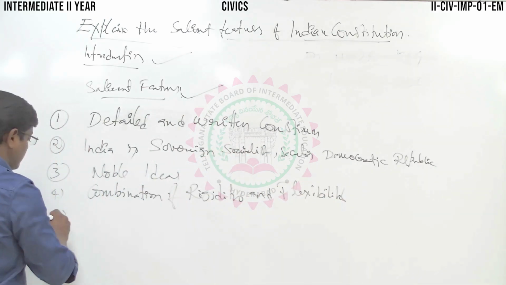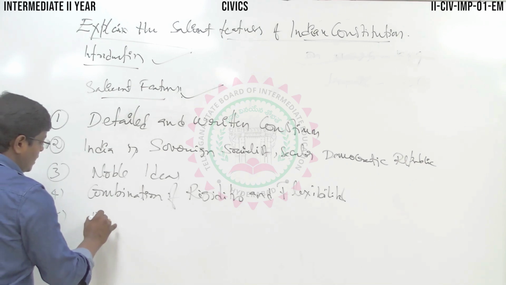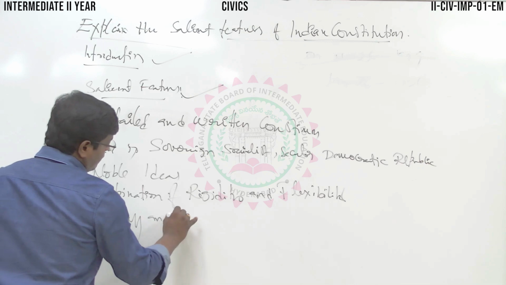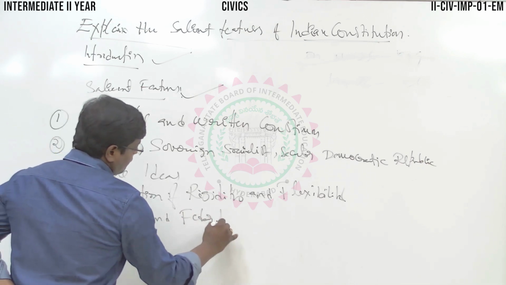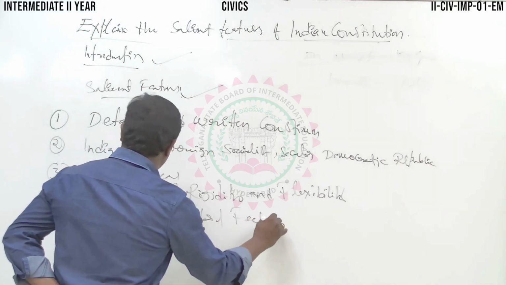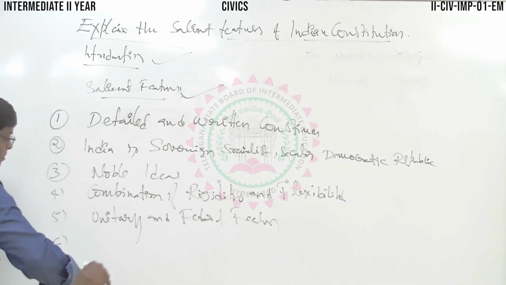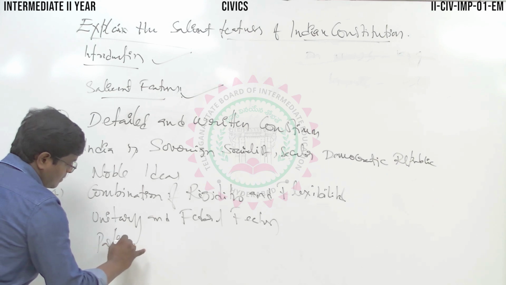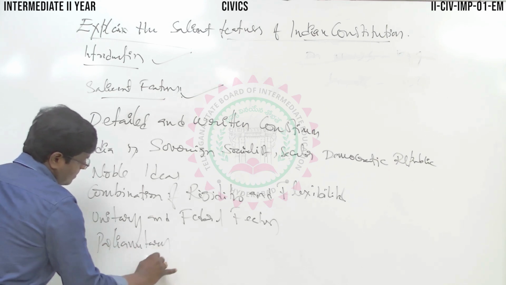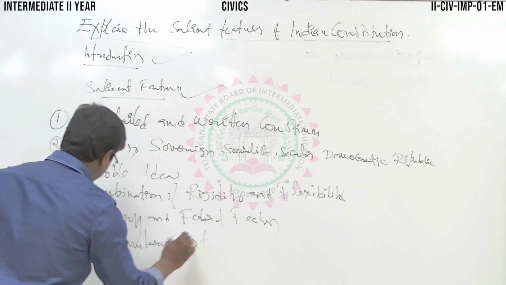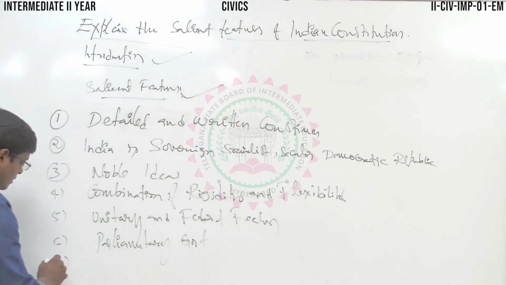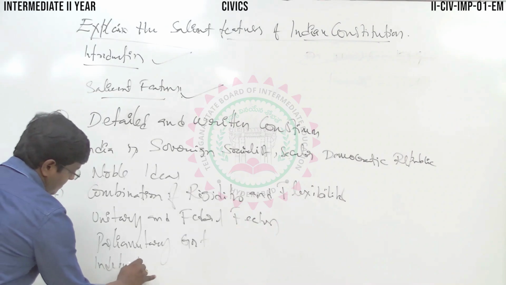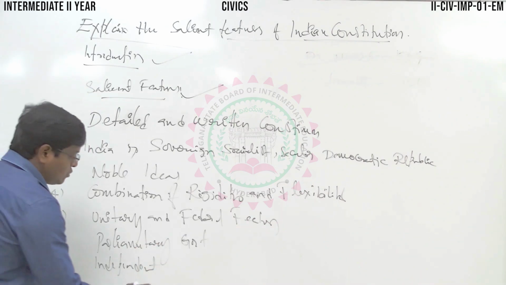And fifth one, unitary and federal features. Sixth one, parliamentary government. Seventh one, independent judiciary.